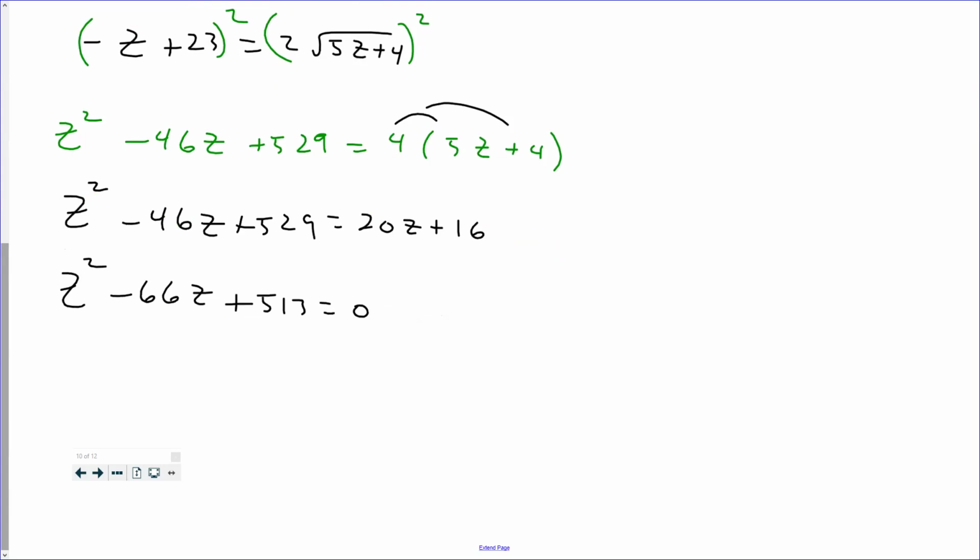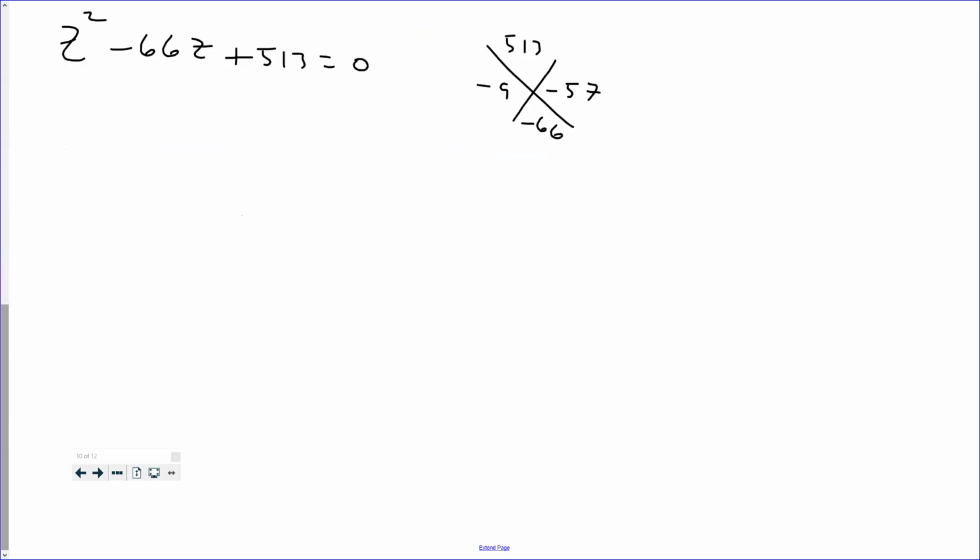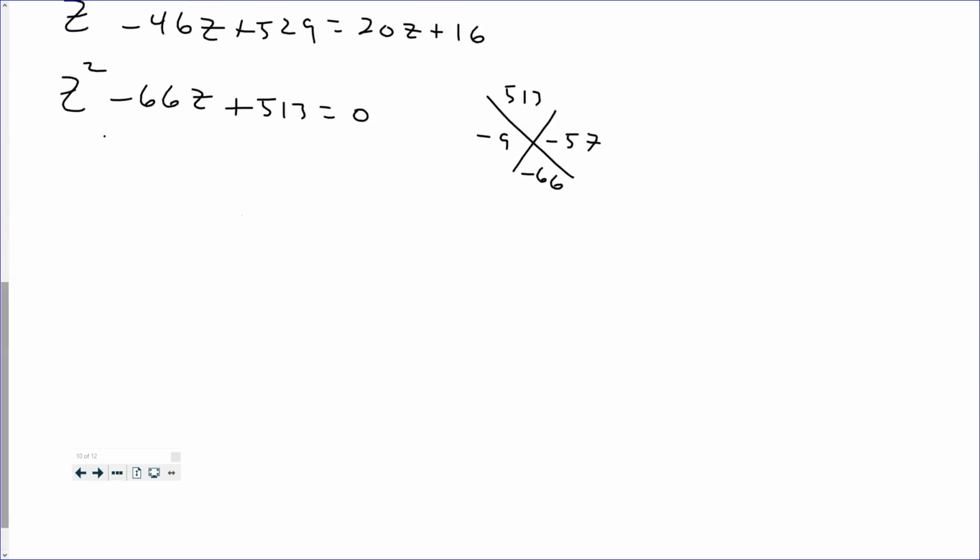So from here, I need factors of 513 that add up to negative 66. That's negative 9 and negative 57. So that means this is going to factor to z minus 9, z minus 57, or that z can either equal 9 or 57.